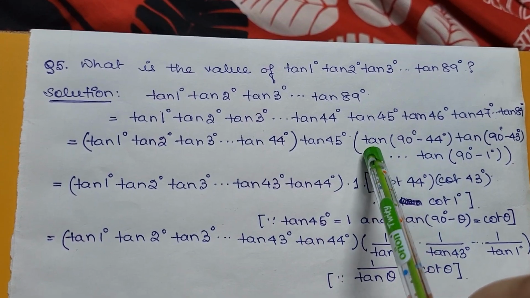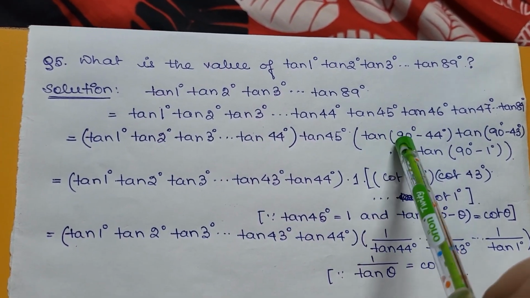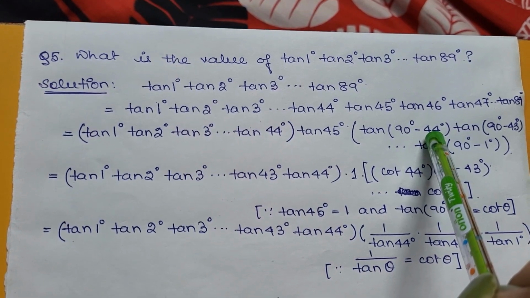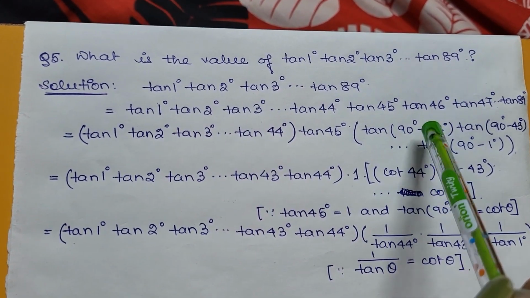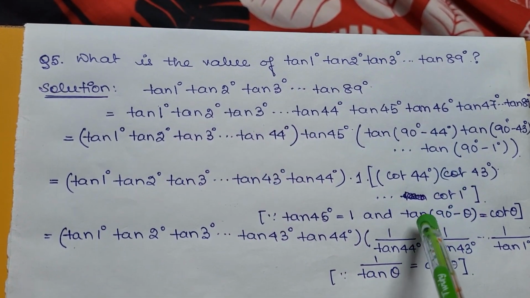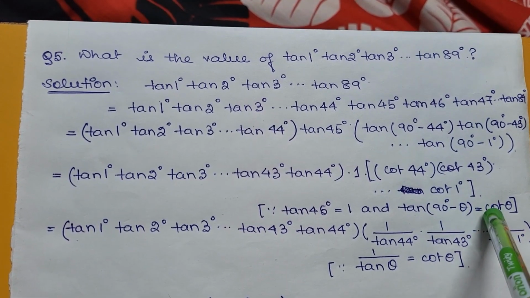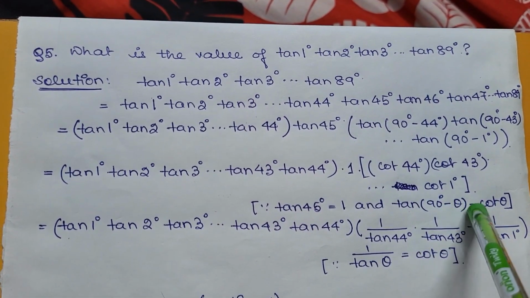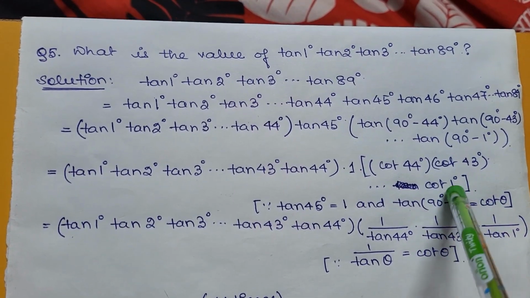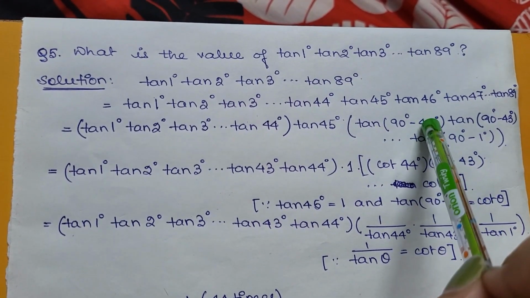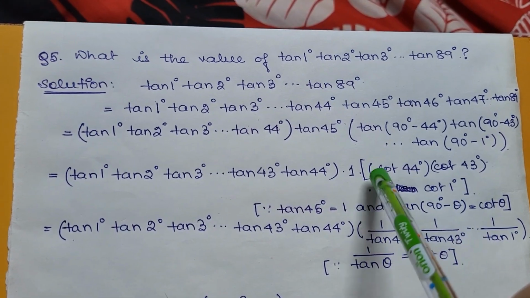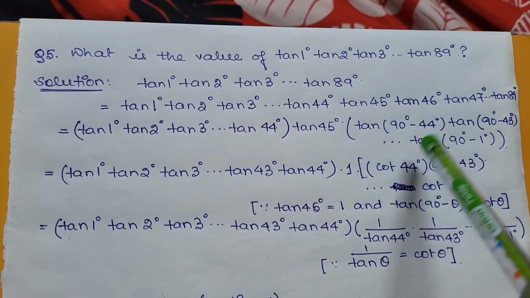This is of the form tan(90 minus theta), where theta takes the value of 44 degree. So this becomes cot 44 degree, because tan(90 minus theta) is cot theta. The theta here is 44 degree, so it becomes cot 44.